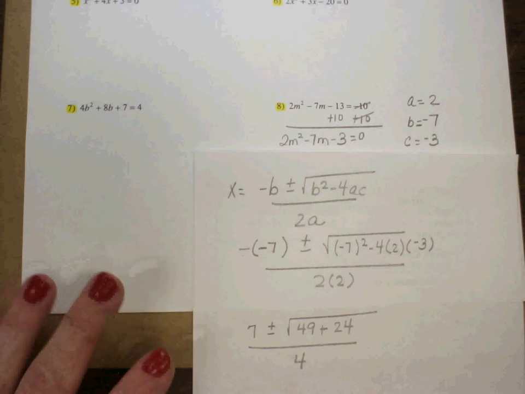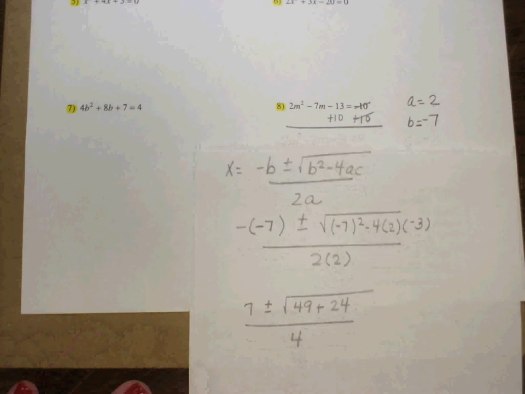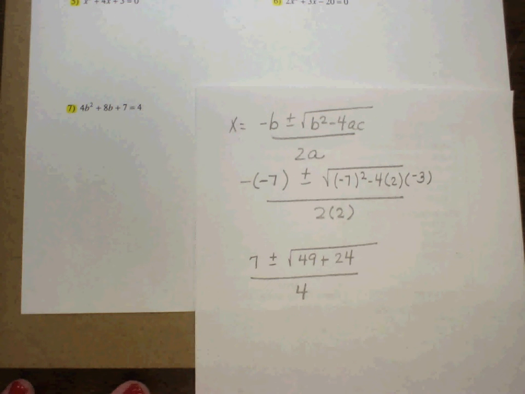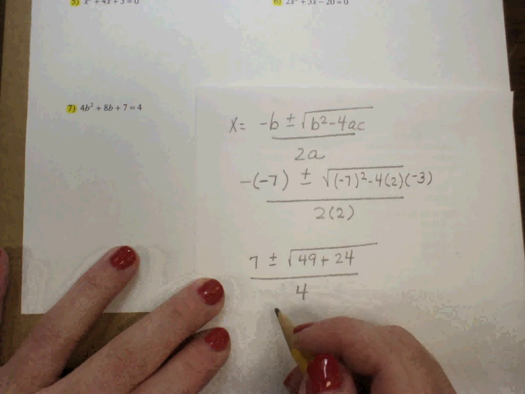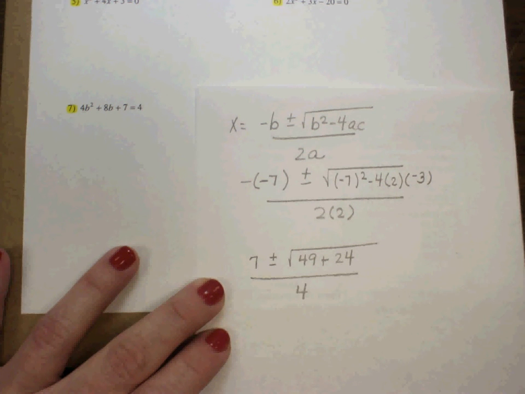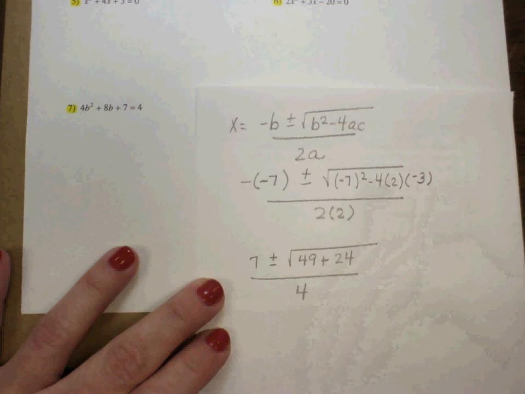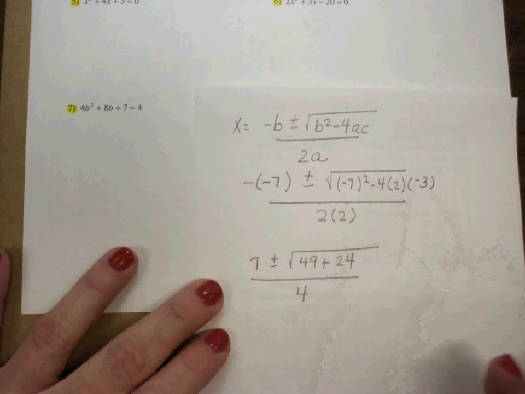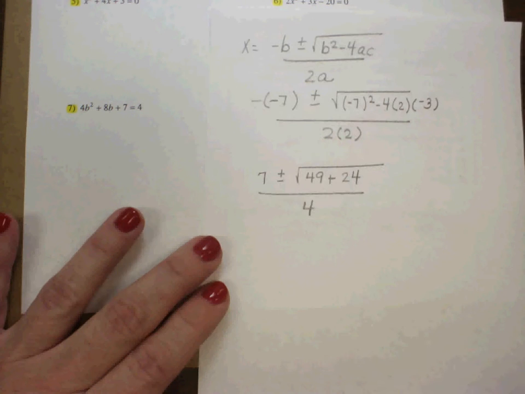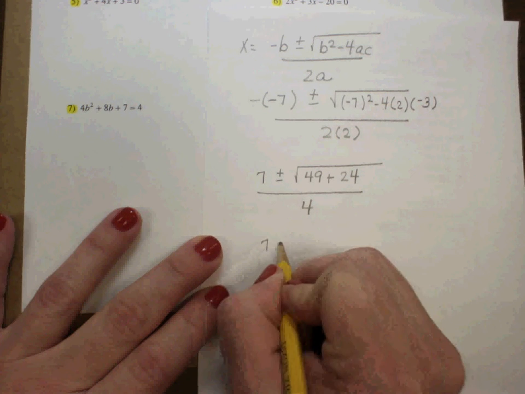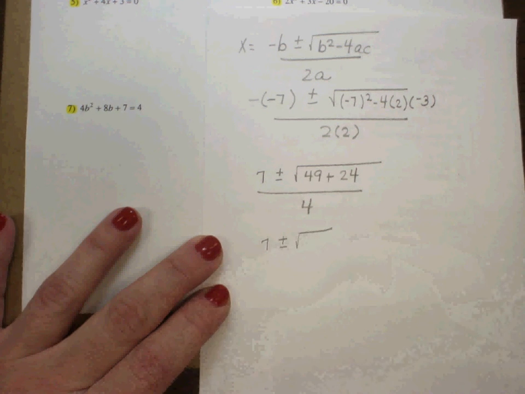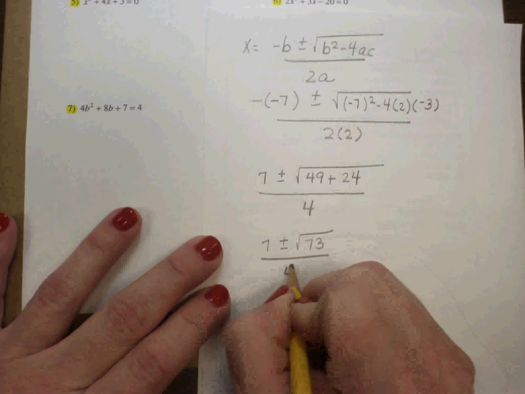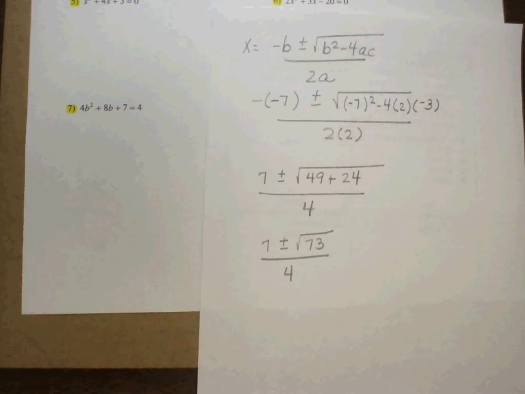All right. Four times 2, 8. 8 times 3, 24. Yeah, I got it. All right. So this would be 7. 49 plus 24 is 73, divided by 4. Okay?